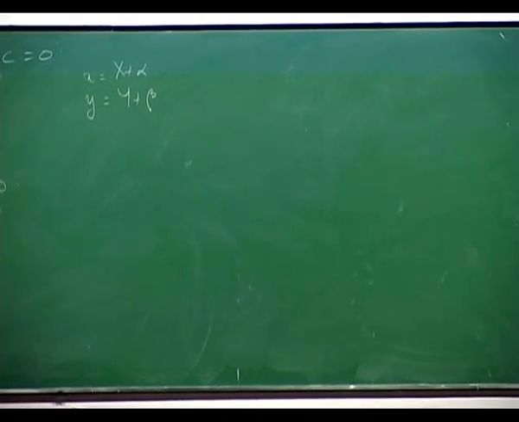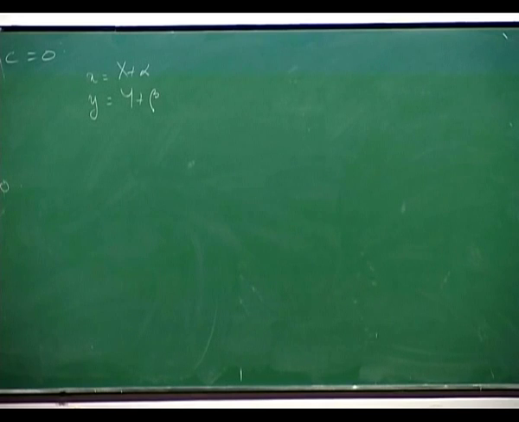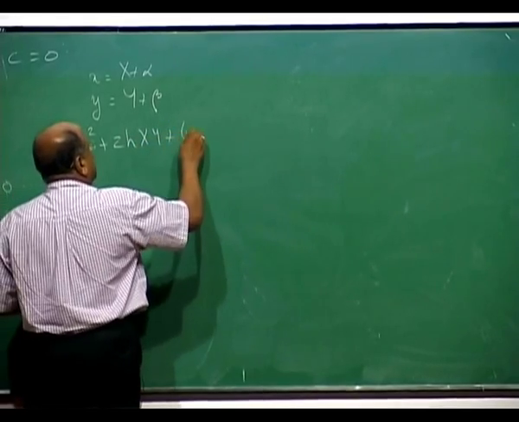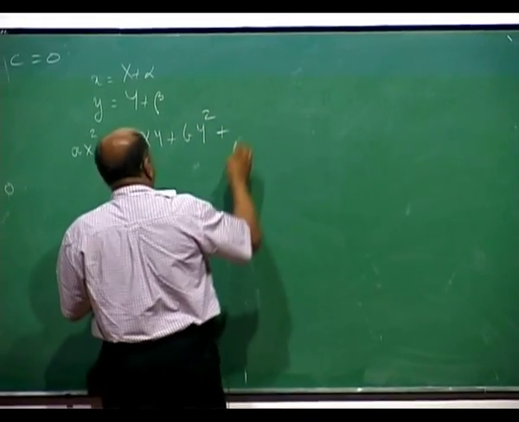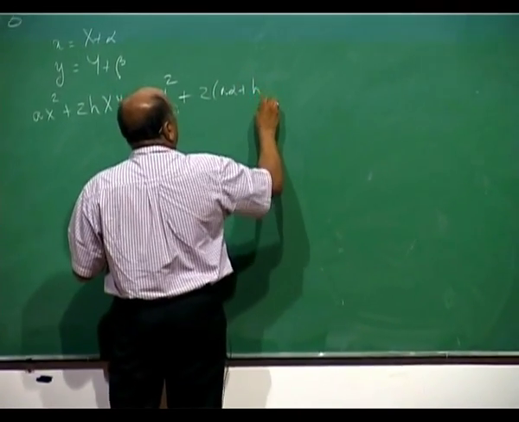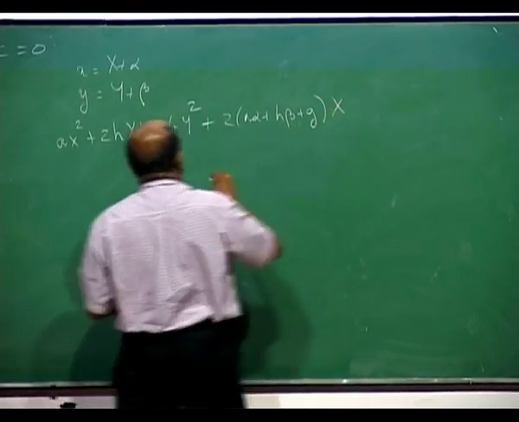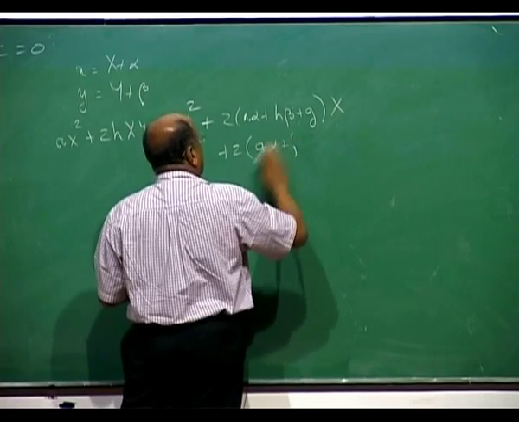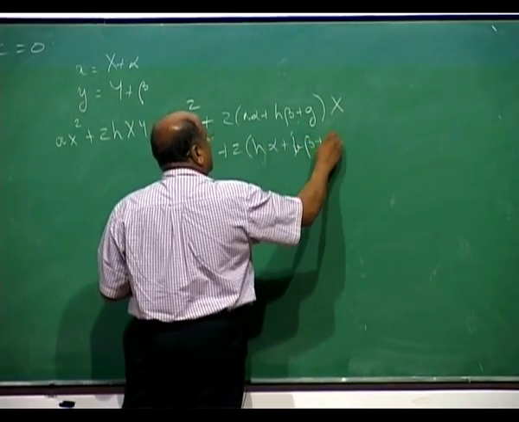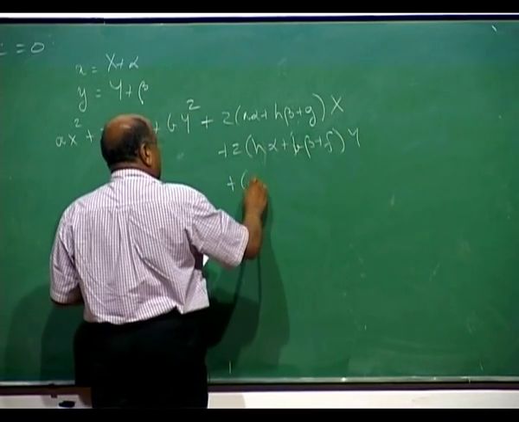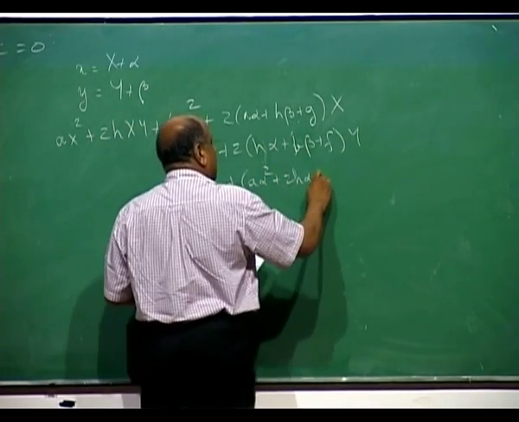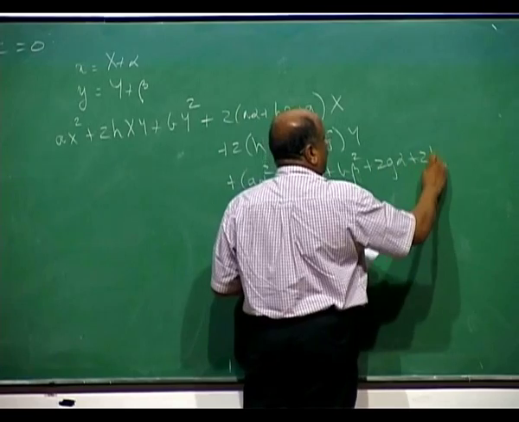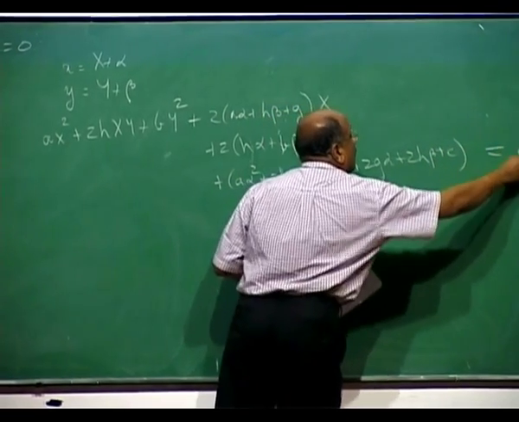So if you rewrite this equation in the new coordinates, you will get a capital X square plus 2h capital XY plus b capital Y square plus 2 times (a alpha plus h beta plus g) times capital X plus 2 times (h alpha plus b beta plus f) times capital Y plus a alpha square plus 2h alpha beta plus b beta square plus 2g alpha plus 2f beta plus c.